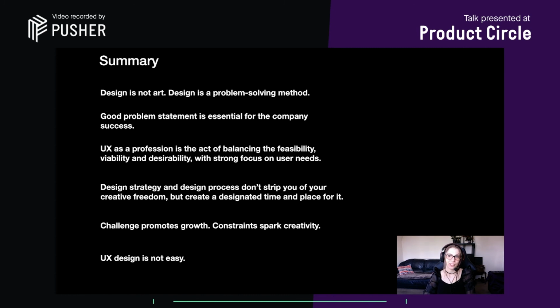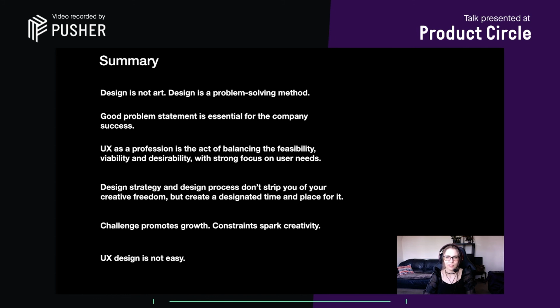And UX as a profession is the act of balancing feasibility, viability, and desirability with strong focus on user needs. I think a lot of UX designers, they're big user advocates. But as user experience professionals in real life out there, we have other aspects that we also have to look after, like business needs and developer feasibility, technological feasibility.